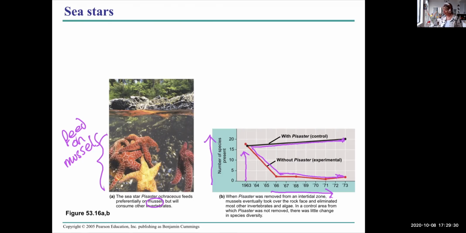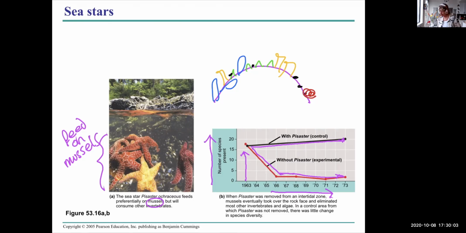And that's because, say you have a rock, and you have a few mussels, but you also have barnacles, and you have limpets. This is not what limpets look like. And you have little tiny periwinkles and maybe some other kind of snail. So there's quite a diversity of different species.